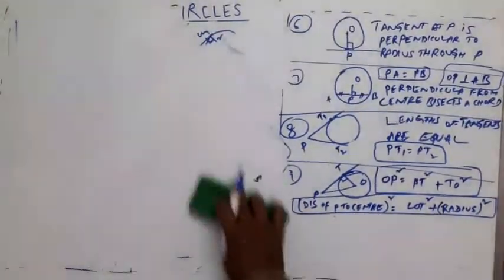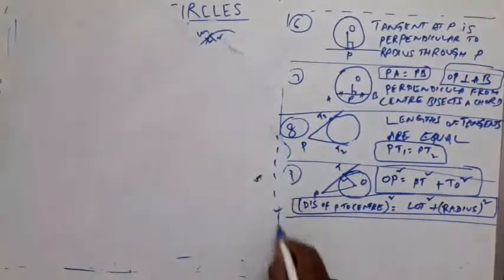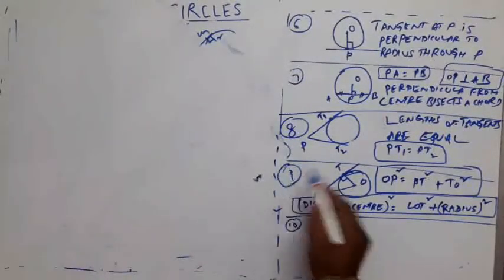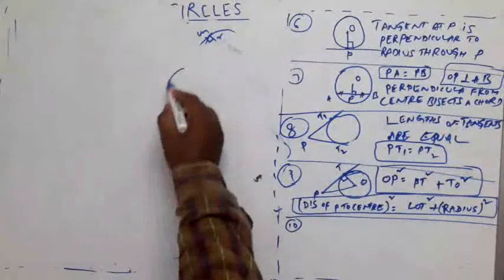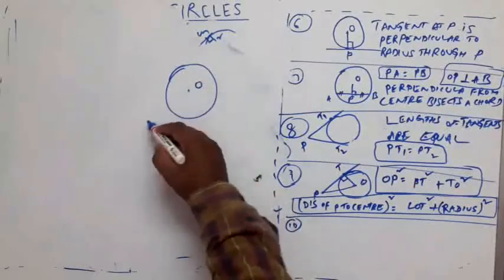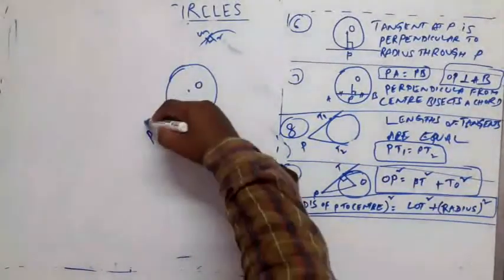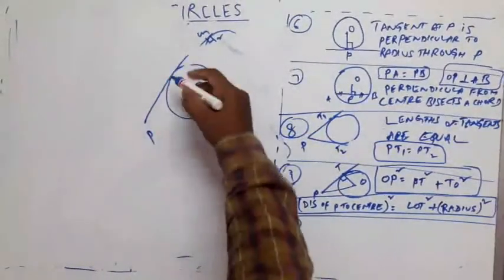Point number 9, right? Next, the last point of this video, point number 10. See this. Let us say this is a circle. This is the center, let us say O. This is an external point P. I can draw two tangents from the external point to this circle.